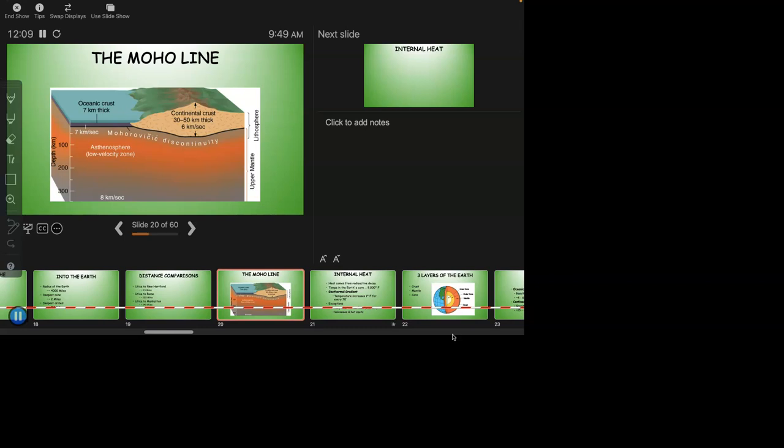And as I like to half joke, well, there's also that much more rock involved. The ocean floor is decidedly thinner than the continental crust. They are made of two different things. We'll get there at some point. I'm not sure if it's this lecture or not. So yeah, Mohorovičić discontinuity, the boundary between the crust and the mantle.